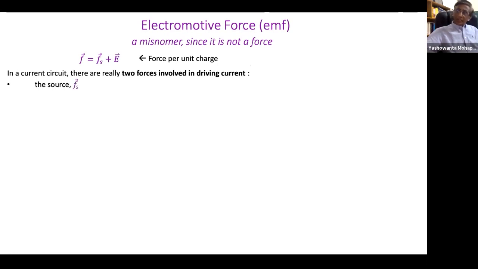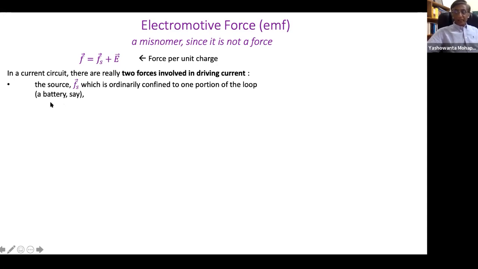The source Fs, S for source, is ordinarily confined to one portion of the loop, let's say a battery, a solar cell, or some kind of generator. It could be anything, but it provides the force to inject charges.